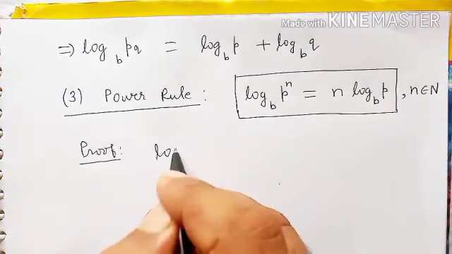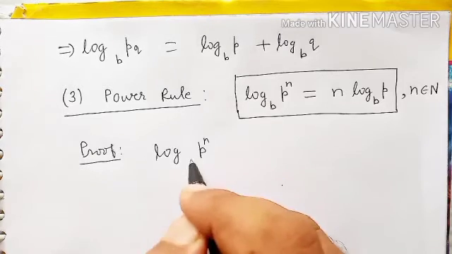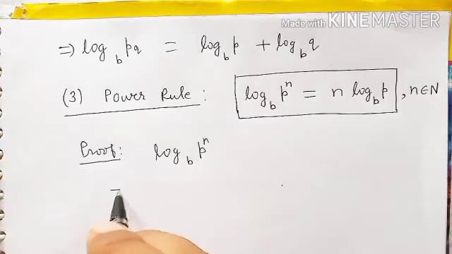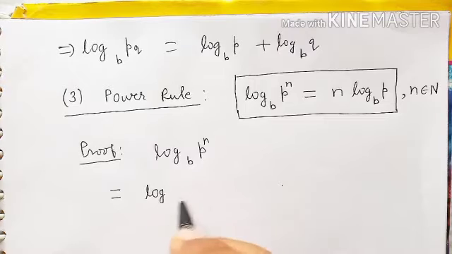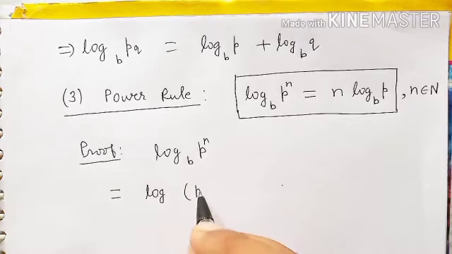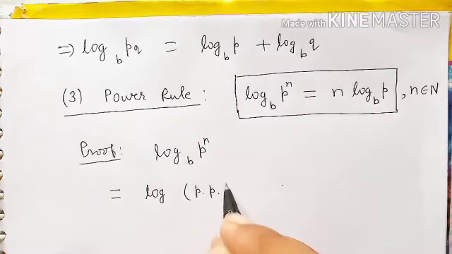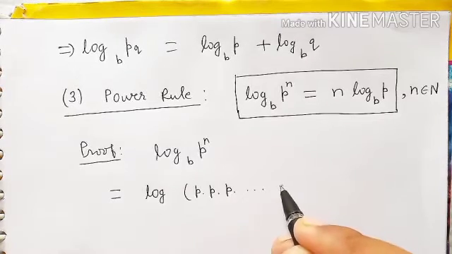Log of p to the power n to the base b can be written as log of p into p, n times.